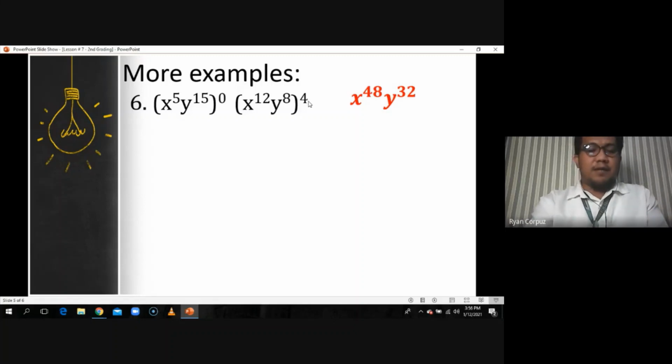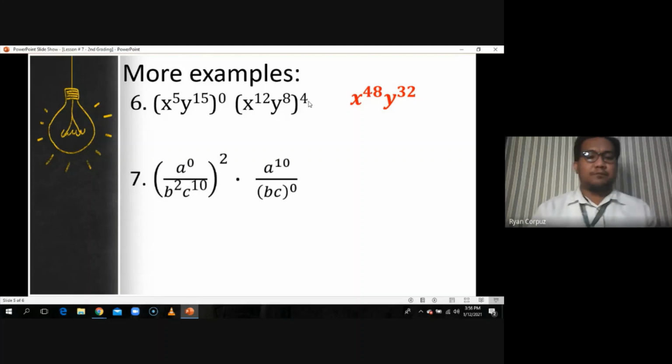Let's have another example. Let's have here example number 7. The given is a raised to 0 over b raised to 2, c raised to 10, quantity raised to 2, times a raised to 10 over bc, quantity raised to 0.